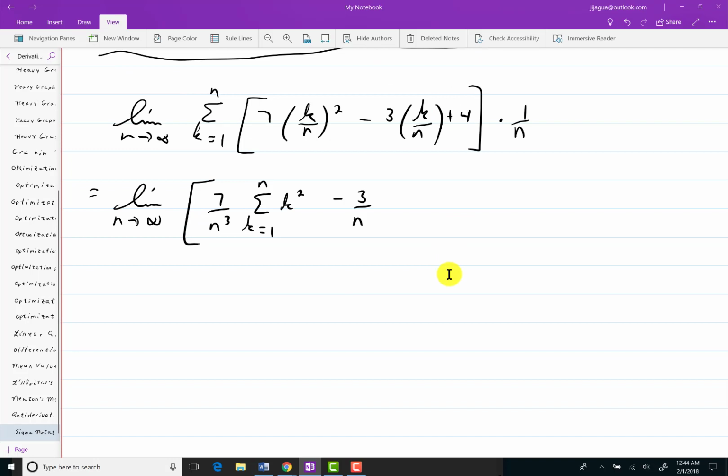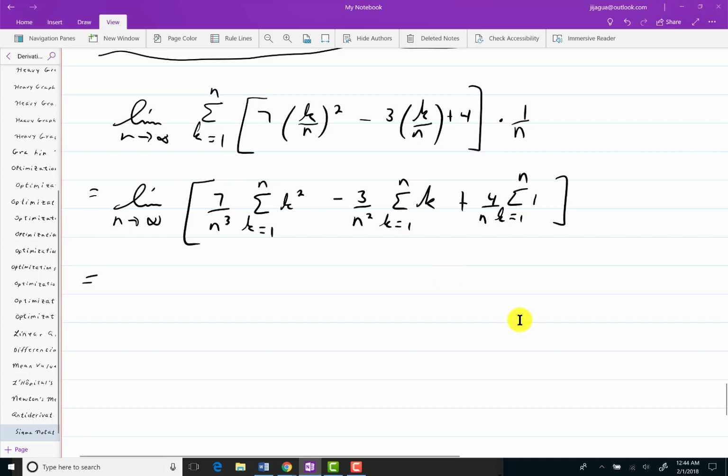Minus 3 over n squared times the summation k equals 1 to n of k, plus 4 times the sum k equals 1 to n of 1. That'll be 4 over n. Alright, I think I got everything.